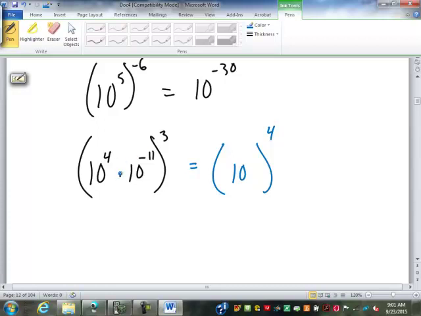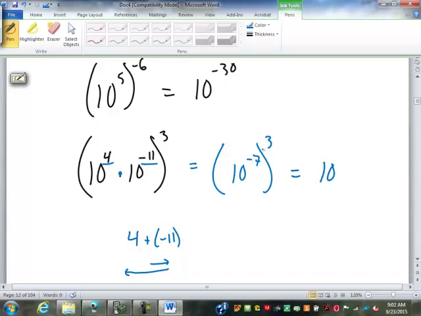We're multiplying, so we add the powers. So 4 plus negative 11 is negative 7. 10 to the negative 7. Now it's still to the power, I don't know where that 4 came from there. It should be a 3. To the power of 3 out there.